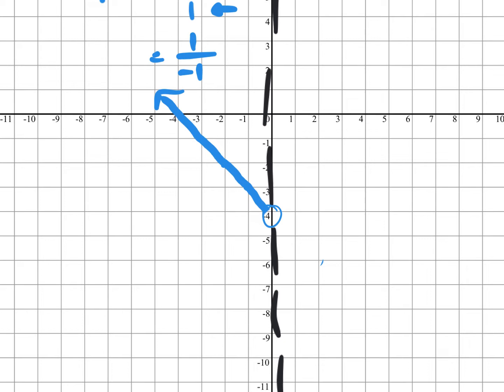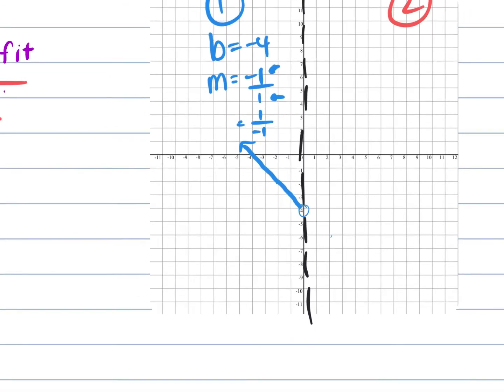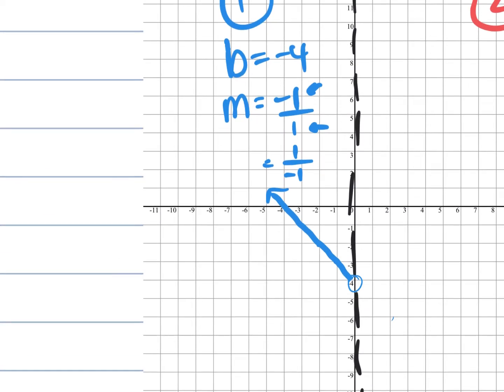I will take questions now. Go ahead, Alec. Okay, so do you agree that my slope, if I have negative 1, that's the same as negative 1 divided by 1?